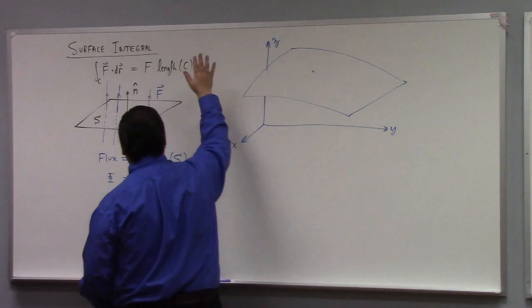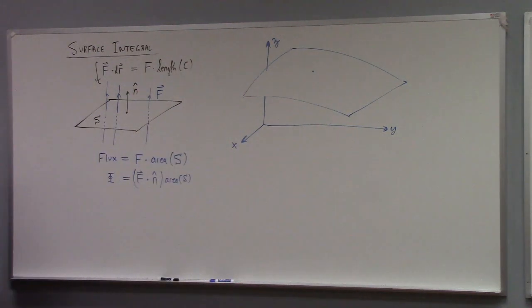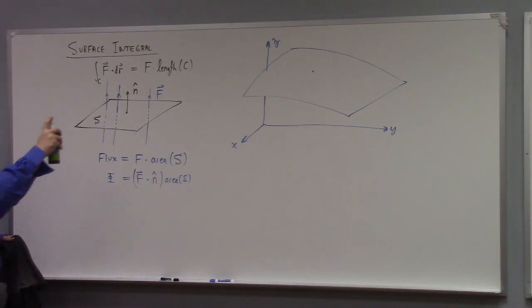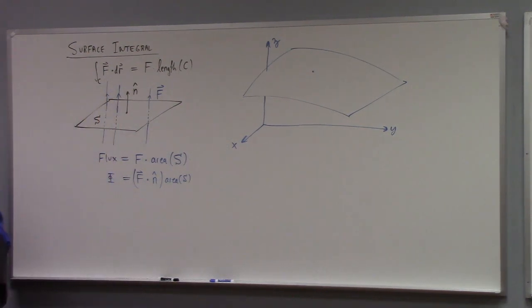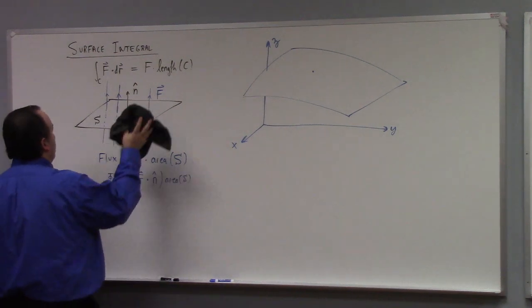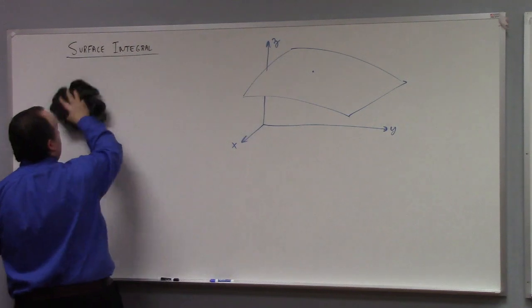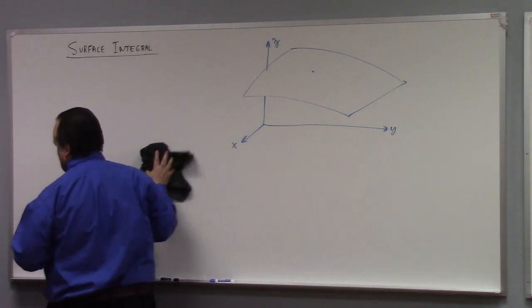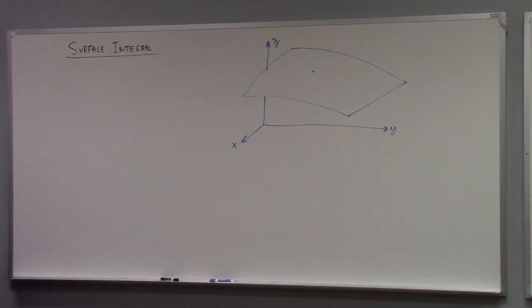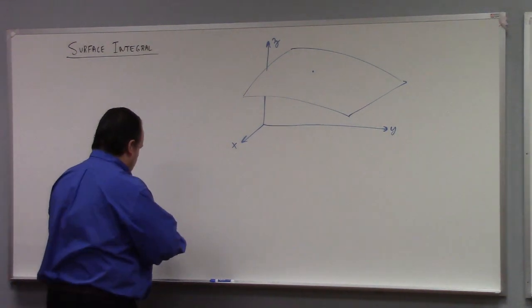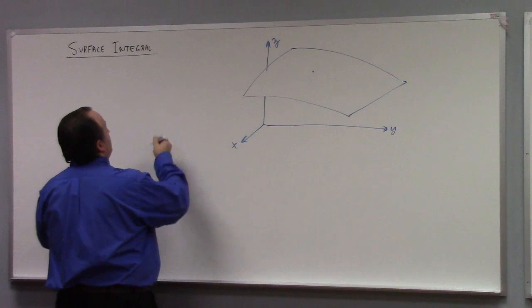Let me go ahead and erase this stuff over here. So let me not take too long. At the moment, I'm just motivating the definition of the surface integral here. So let me not let this drag on too long.